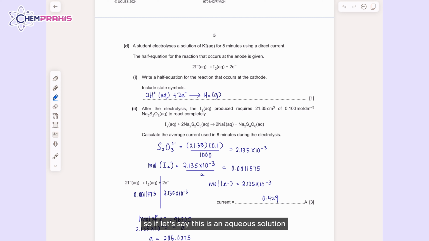So I have two options, potassium and hydrogen ions. I will go with the hydrogen ions because hydrogen ion is less reactive. So you should give me 2H+(aq) + 2e- to form hydrogen gas.